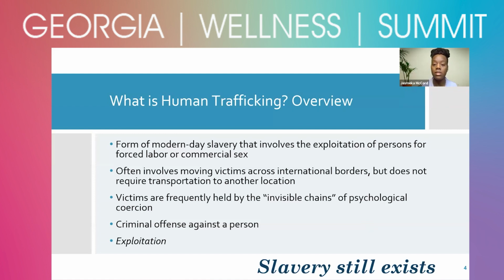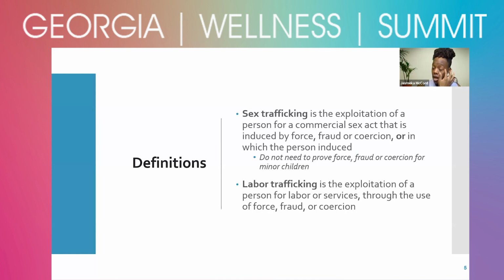So slavery still exists. Here are the definitions that I want us to be able to understand and identify with. Human trafficking is an umbrella, and underneath that umbrella exists sex trafficking as well as labor trafficking. Sex trafficking in specific is the exploitation of a person for a commercial sex act that is often induced by force, fraud, or coercion.